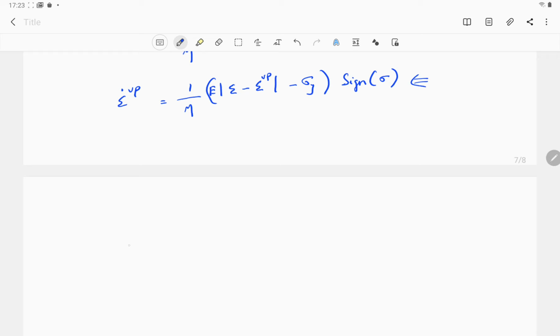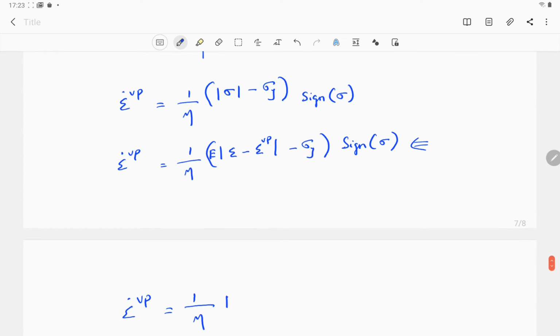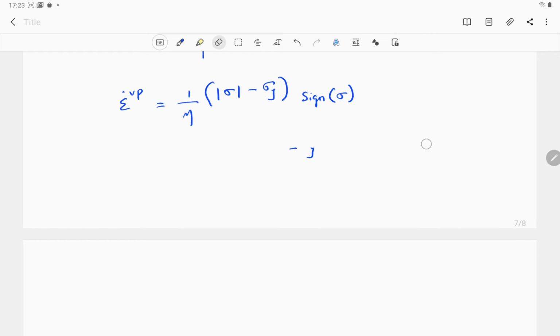If I do that, then epsilon dot Vp is equal to 1 by eta, okay, let me go back one more step. Let me start from this step.